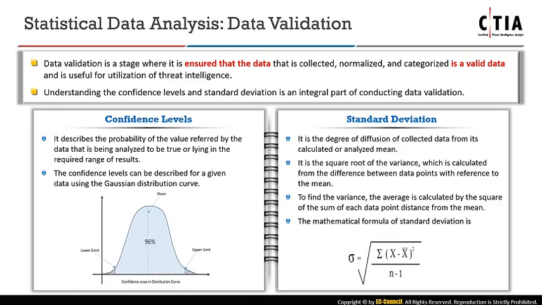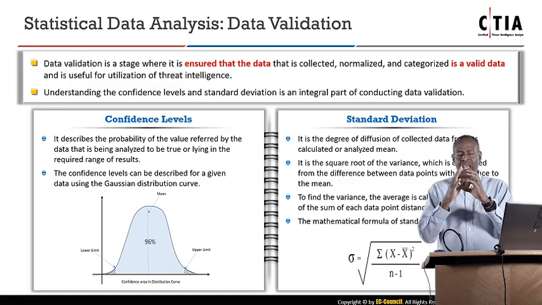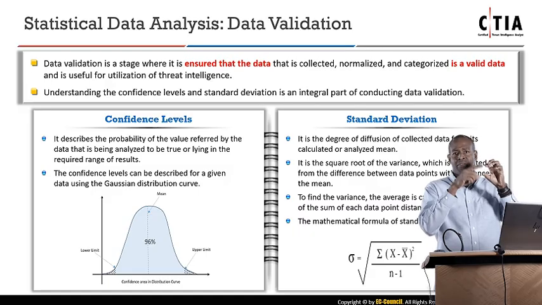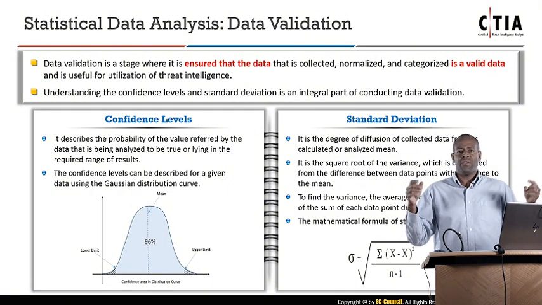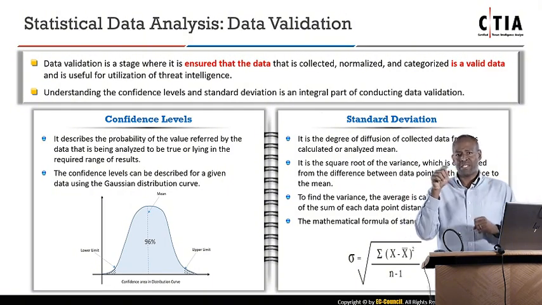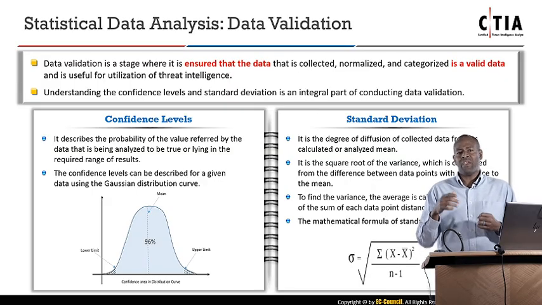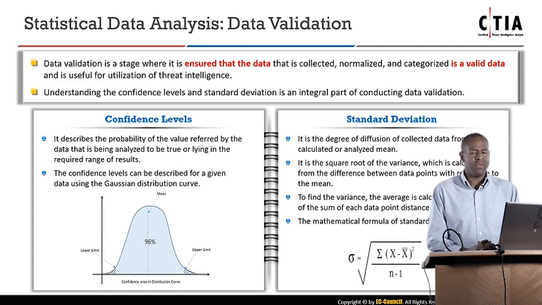So if you have a data set of 5 values, you take those 5 values, add them together, and then divide by the number of elements in the data set, which in this case is 5. If you have a data set of 200 values, you take those 200 values and sum them up. That's the Greek letter sigma. You sum them, and then you divide by the number of elements. And that gives you the average, or the mean.